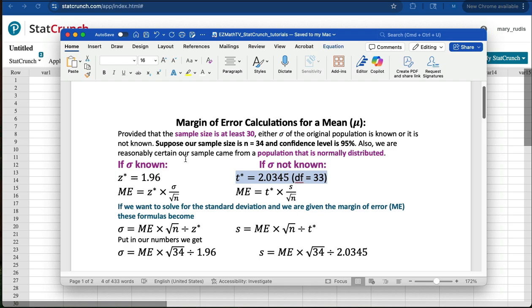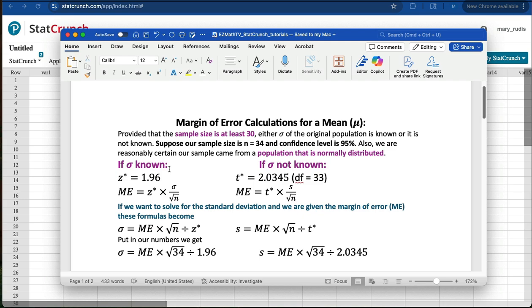So the only time that you really have a choice is whether or not the value of sigma, your population standard deviation, is known. There may be a homework, test or quiz question in which you are given the population standard deviation, and you have a sample size that's greater than 30, and you are also operating under the assumption that the population is normally distributed.